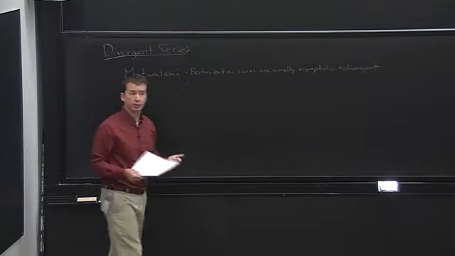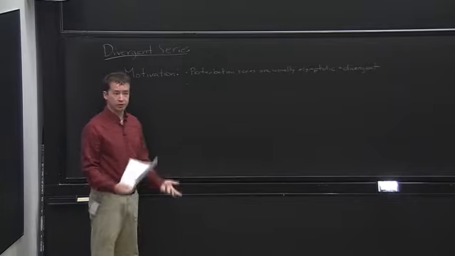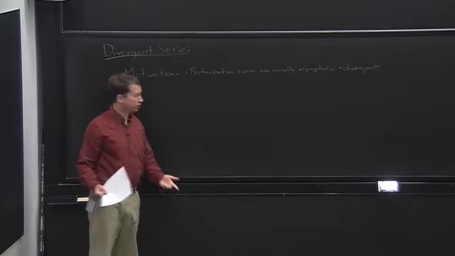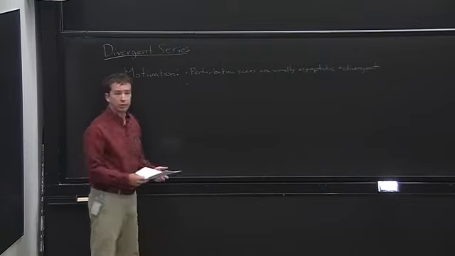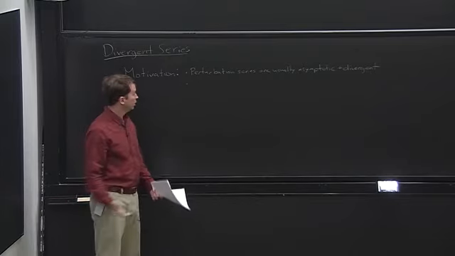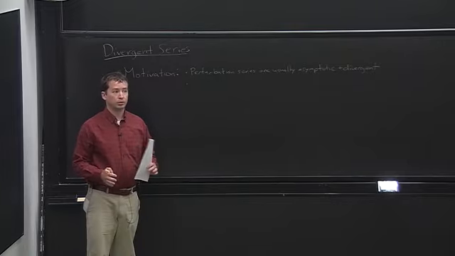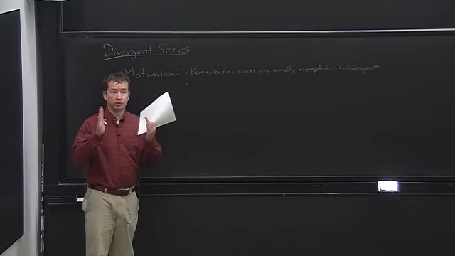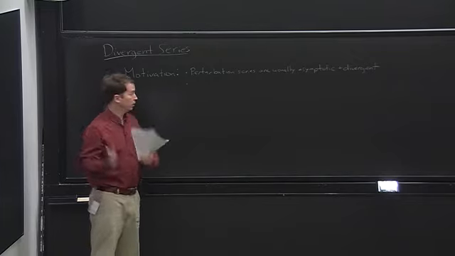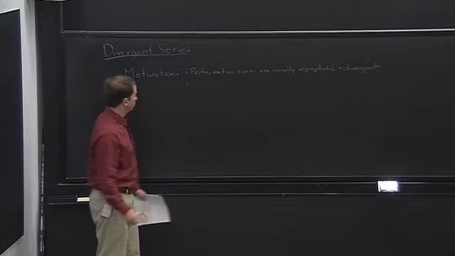But in quantum field theory in particular, divergent series sometimes just occur on their own. For example, in quantum field theory 1, we're going to study the Casimir effect, which causes a force between two parallel neutral plates in vacuum.